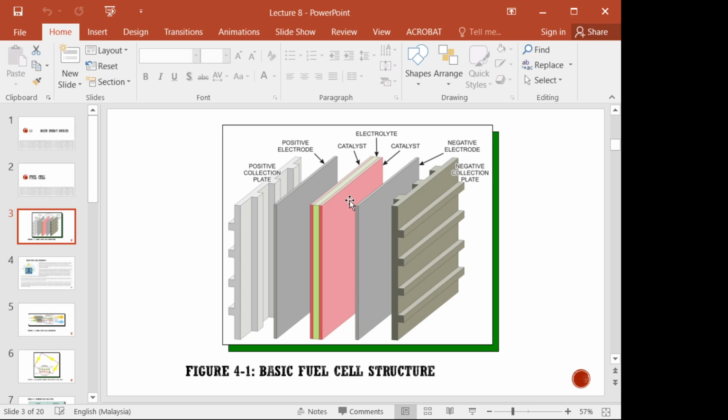We have catalyst and electrolyte in between that connects so that the protons from the negative electrode can pass through to the positive electrode. And we're going to see also what happened at every electrode that generates electrical energy.